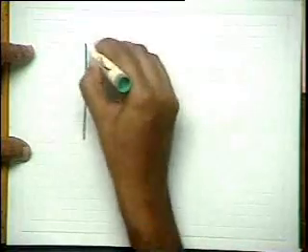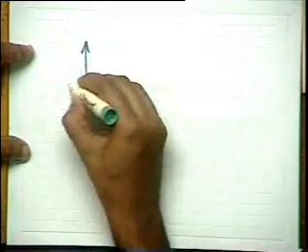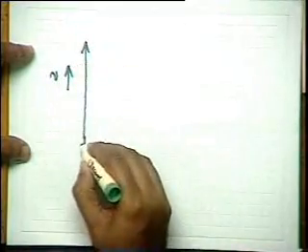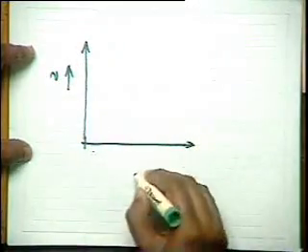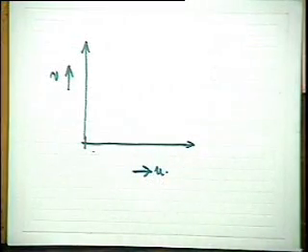Supposing I again take this to be my V axis and this to be my U axis, and I define a transfer function of this nature.